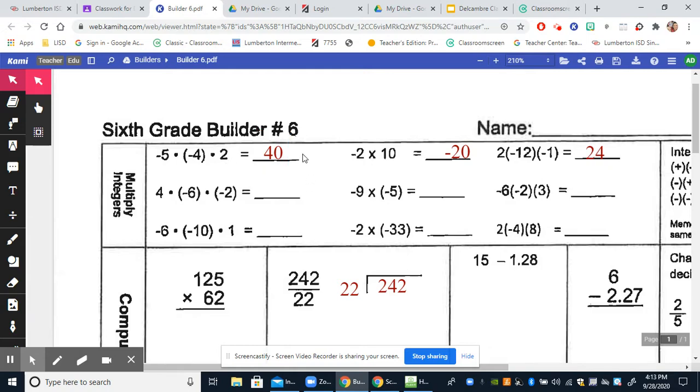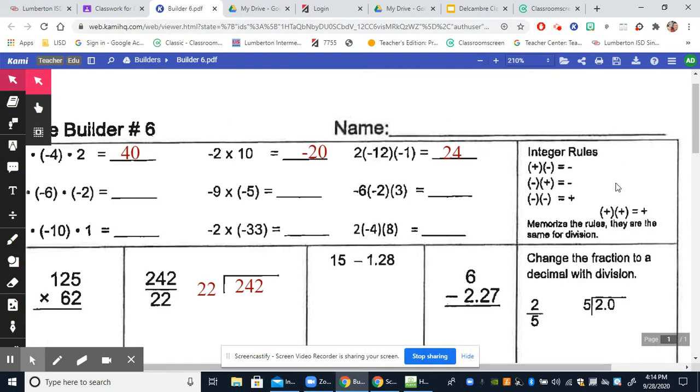Times 4, times 2 gives me 40, so it's a +40. -2 times -10 gives me a +20. My rule's right over here: a negative times a positive equals a negative. 2 times -12 gives me -24. And -24 times -1: a negative times a negative gives me a positive, so it would be +24.